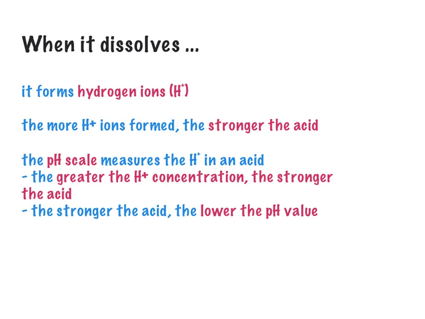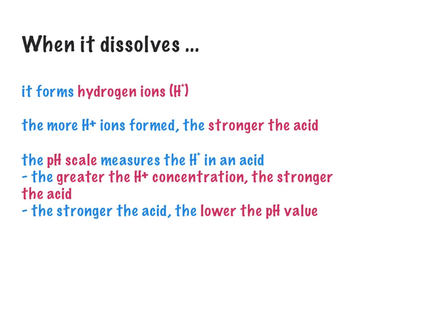The scale that helps us out here is the pH scale, and that's the one we've been learning about and we'll be spending more time with. And we're going to say two things are true for acids. First thing, the pH scale measures H+ concentration, or hydrogen ion, the amount of hydrogen ions that are present.